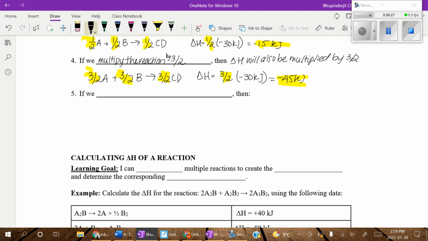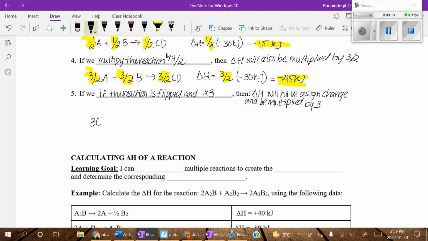So 3 over 2, 3 over 2, 3 over 2, we multiply by 3 over 2, which gives us our new value. Lastly, we can do multiple changes. If the reaction is flipped and multiplied by 3, then delta H will have a sign change and be multiplied by 3.